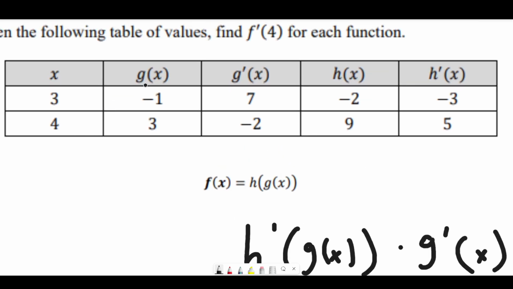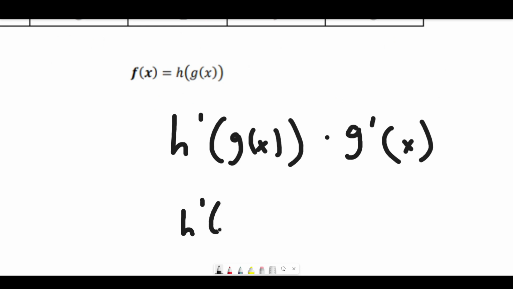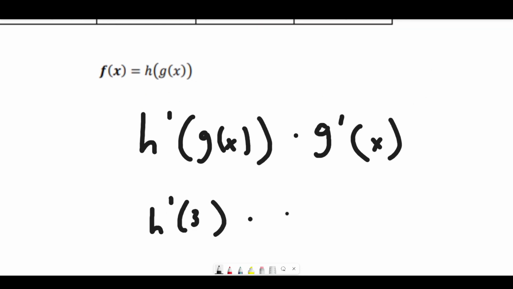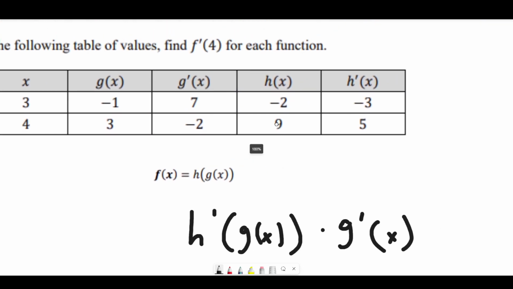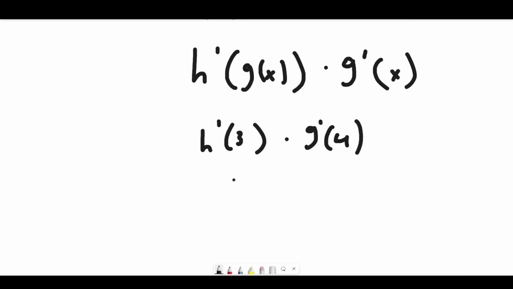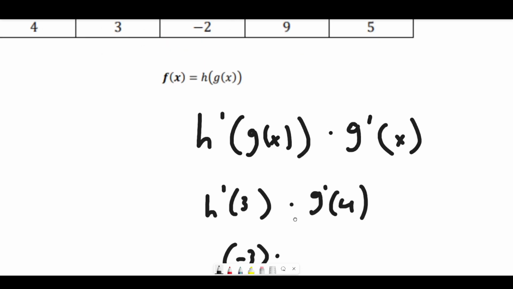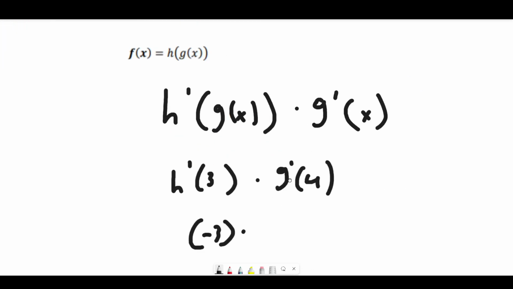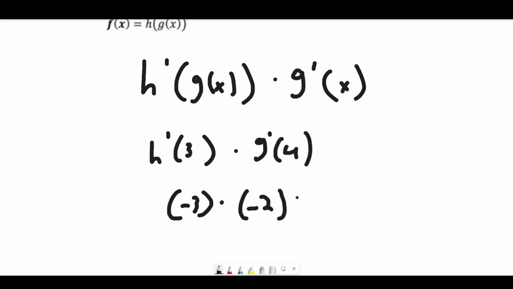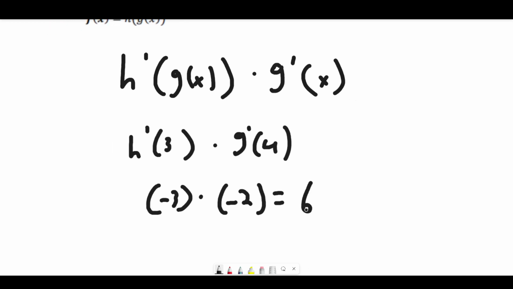So g of 4 is just 3, so h prime of 3 times g prime of 4. So h prime of 3 is just negative 3. So negative 3 times g prime of 4, which is just negative 2. So your final answer is just going to be 6. And that's it.